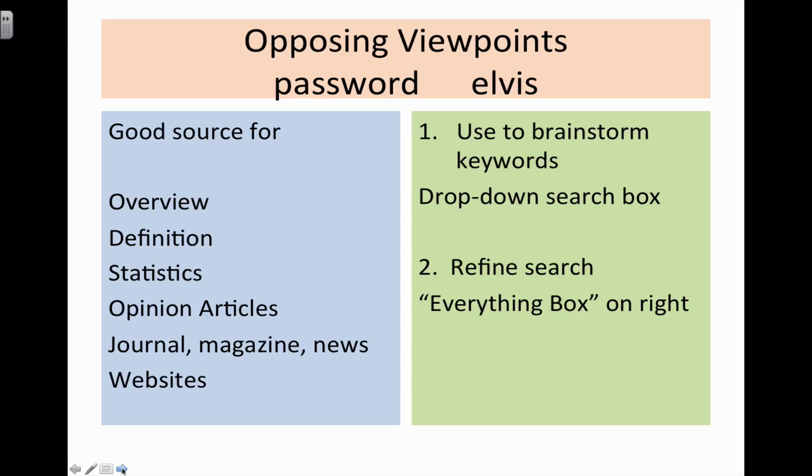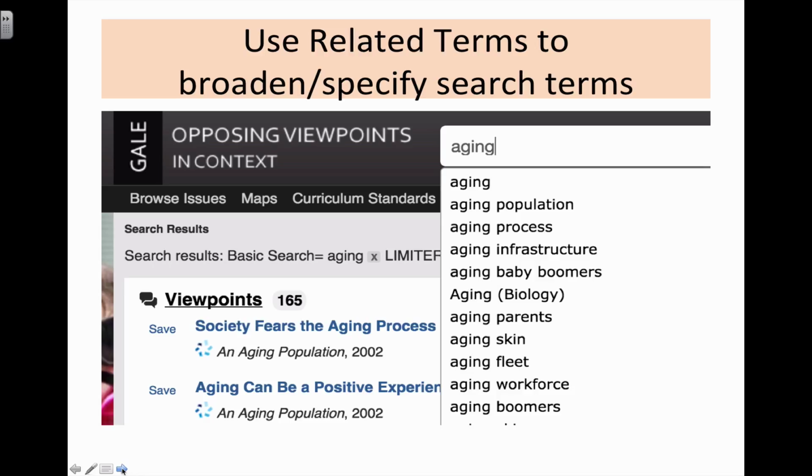I'm going to show you two different ways to use Opposing Viewpoints. One is to brainstorm keywords by using their drop-down search box. And the second is to refine your search by using an everything box. So here's an example of beginning to type in your search term. In this case, I'm typing in the term aging, and immediately there's a drop-down box.